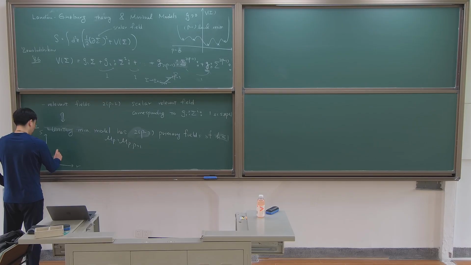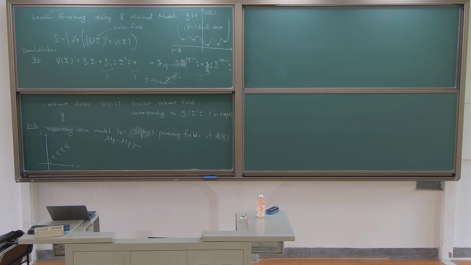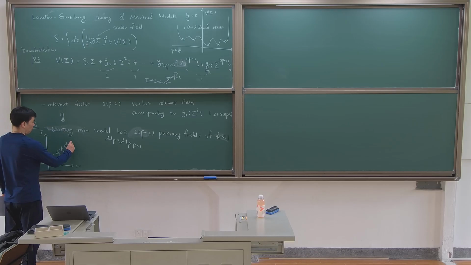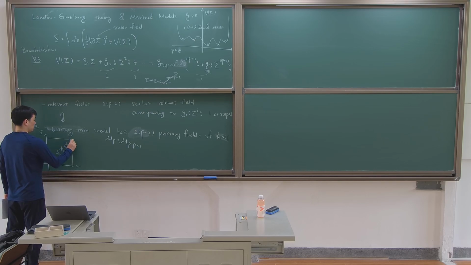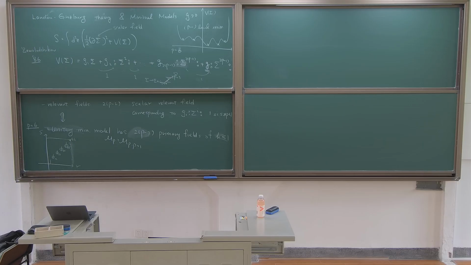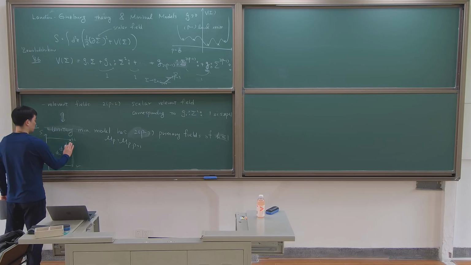Then 522, 533, 544, 555. Those are primary fields. And of course 566, this part you omit. 66 is here, but it hits the edge, so it is not included.